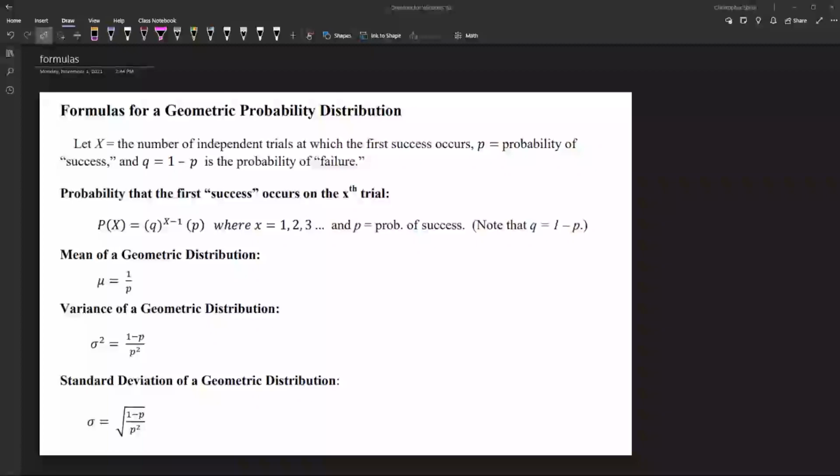The probability that the first success occurs on the xth trial is P of x equals Q to the x minus 1 times P. So this is just the probability of getting a failure x minus 1 times, followed up by finally getting a success. For instance, if we're looking at 20 independent trials, then it would be Q to the 19th times P.